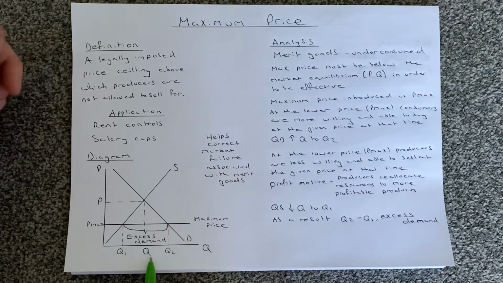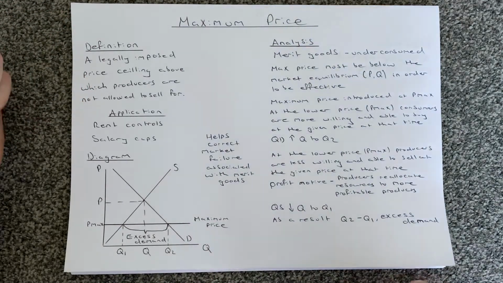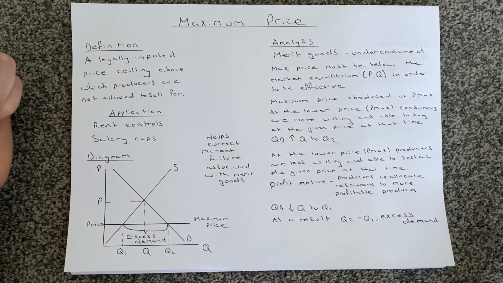And as we see in our diagram, the quantity demanded increases, and therefore that should hopefully correct the market failure of merit goods, because more consumption of these goods is being seen.